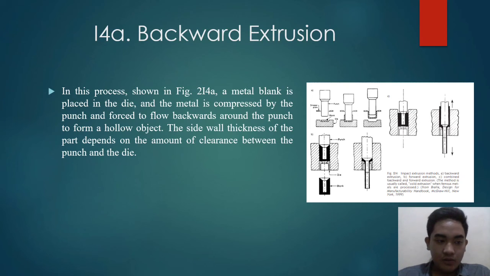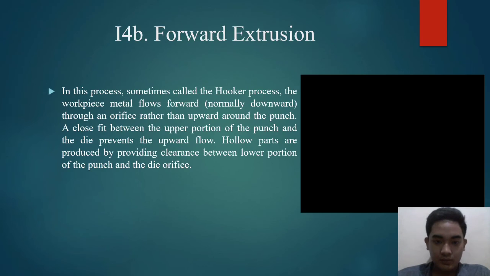Backward extrusion. Okay, the next, forward extrusion. In this process, sometimes called the Hooker process, the workpiece metal flows forward, normally downward. Okay, this is an example.